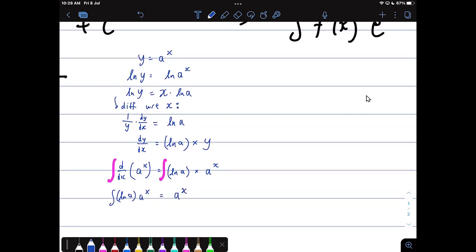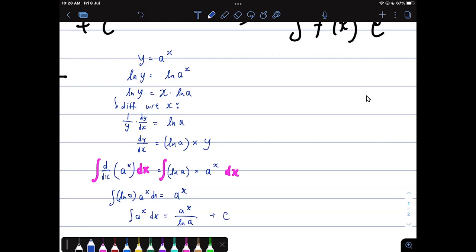Sorry, I forgot to put the dx. So therefore, if you want to find the integral of a to the power x dx, the ln a is just a constant. You can divide over, and I get a to the power x divided by ln a. Don't forget the plus c.